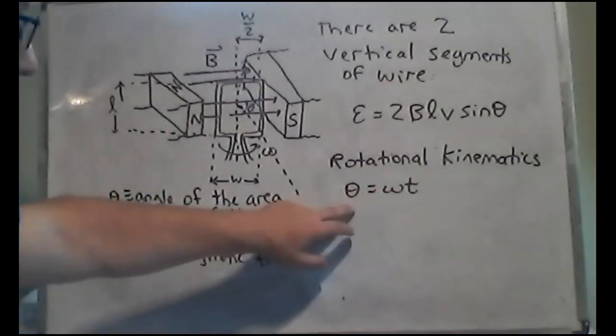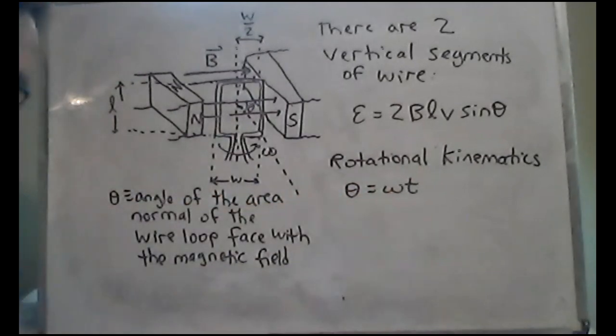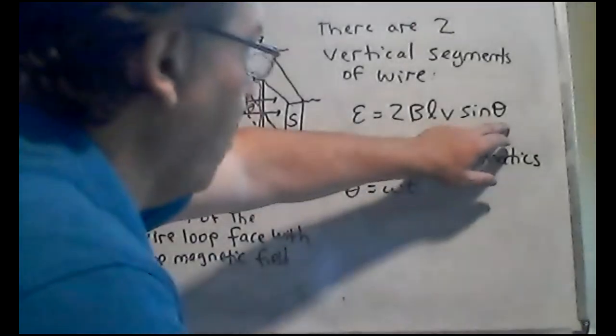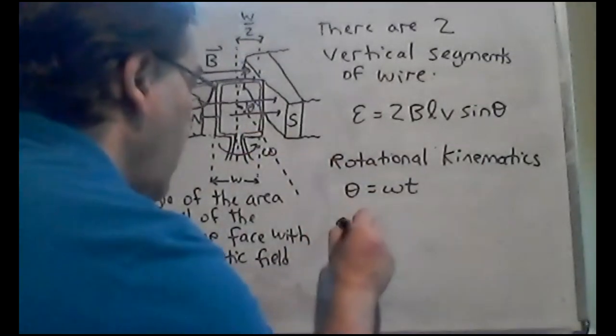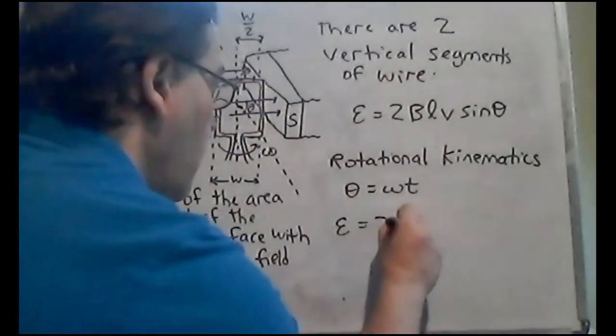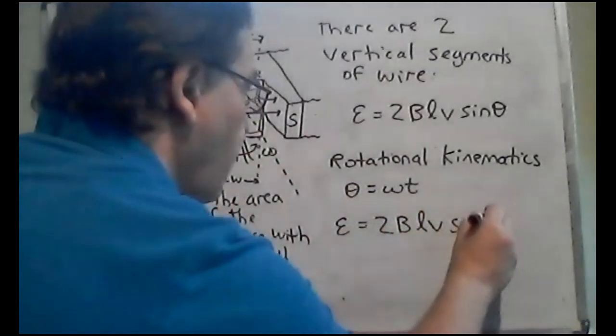The angular displacement equals angular velocity times t. Again, that's my simplest formula in rotational kinematics, the equivalent of d equals vt for translational kinematics. So I can stick that into this formula right here. So there's my time dependence. I now then have epsilon equals 2 BLV sine of omega t.